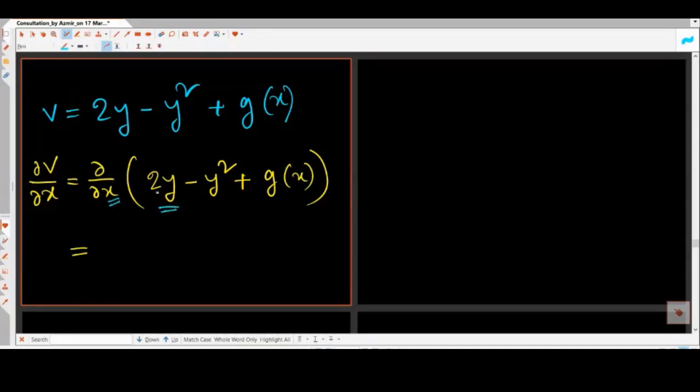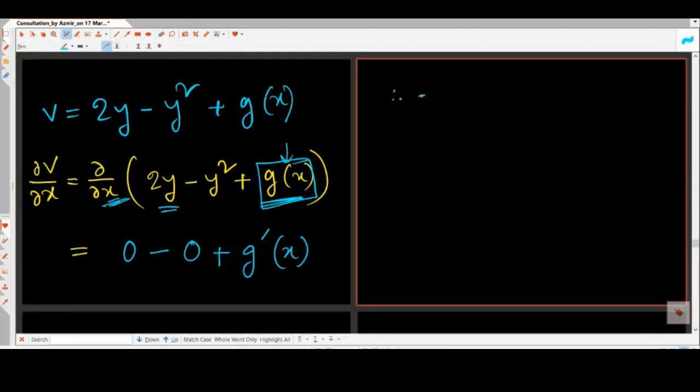The derivative of y in terms of x is 0. The derivative of y squared in terms of x is 0. The derivative of this function: we have a function of x and we are differentiating in terms of x, so its first derivative will be g prime x. That means we have dv dx equals g prime x.